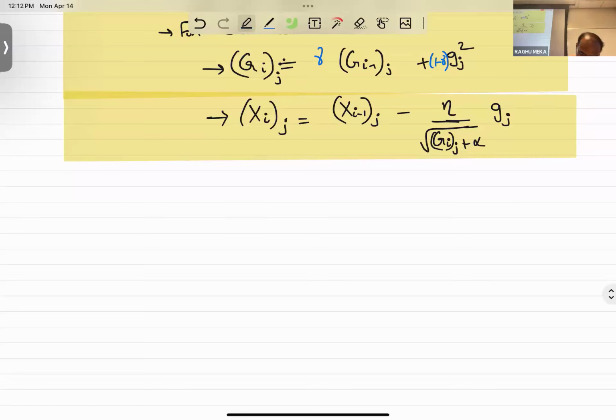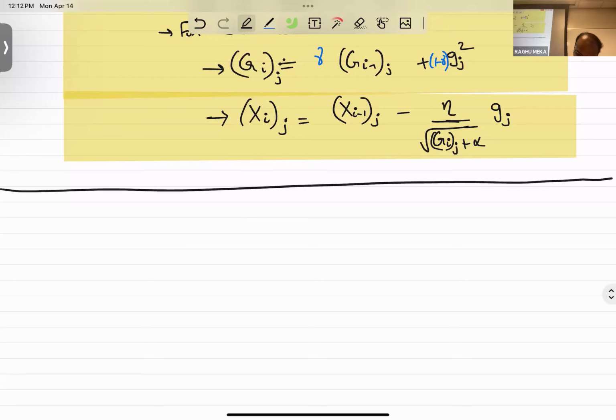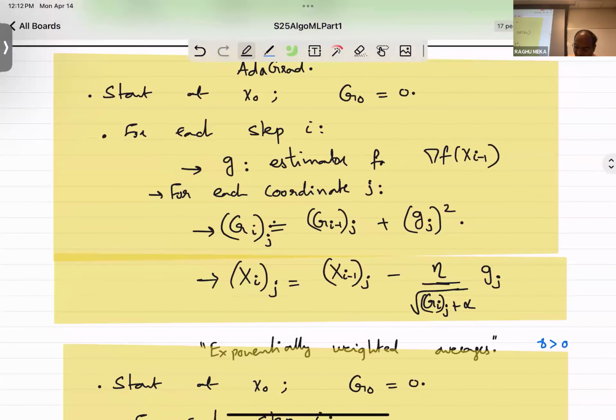And then comes Adam, which is, as I said, in all of this, we are even using the stochastic version already, right? So g is an estimator for the gradient and not necessarily exactly the gradient, right? But we also talked about one more very important idea, which was momentum. And AdaGrad is not using it, SGD is not using it.